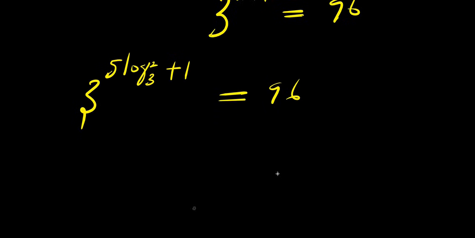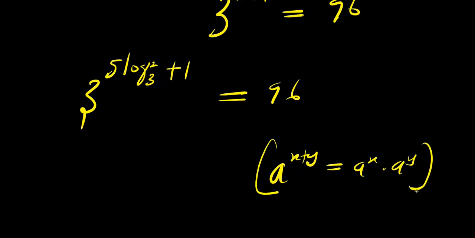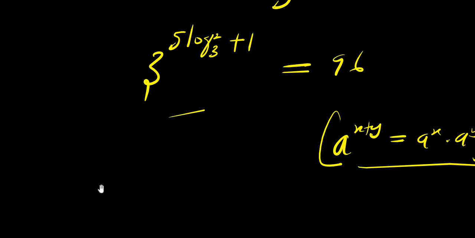Remember, a power x plus y equals a power x times a power y. Applying this right here, I have 3 power 5 times log 2 to the base of 3 times 3 power 1 equals 96.